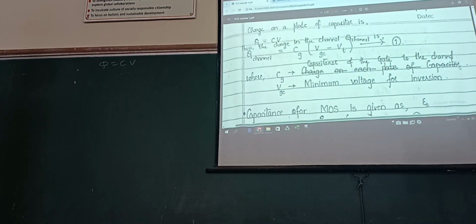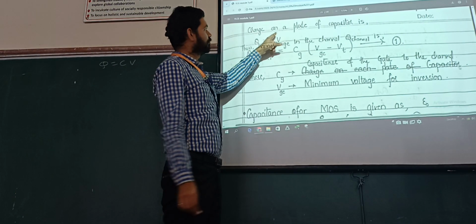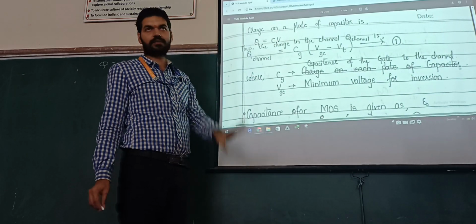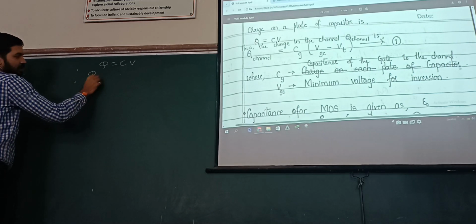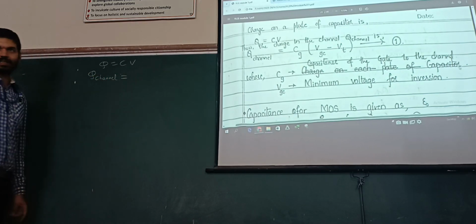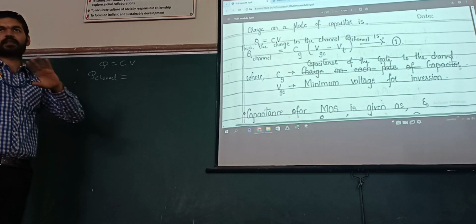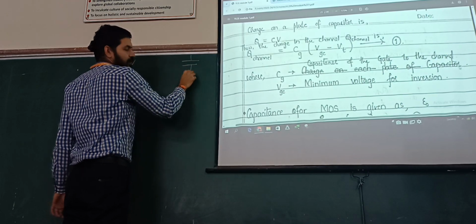Charge on the plate of the capacitor is given by Q is equals to C into V. Okay. So here charge in the channel is given by charge on one plate of the capacitor, Q is equals to C into V. This is of the capacitor.